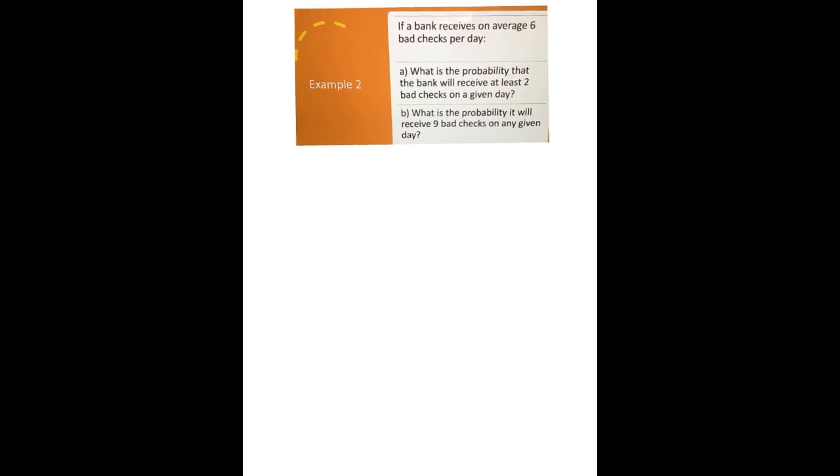Part B says, what is the probability that it will receive 9 bad checks on a given day? So this is simple. We just do probability that x is 9, and we do 6 to the 9th, e to the negative 6 over 9 factorial. So 6 to the 9th is equal to 100,776.